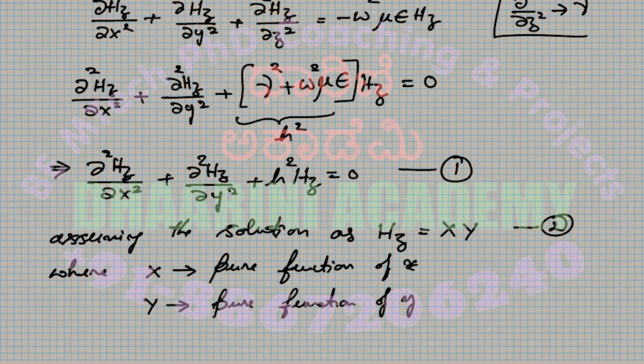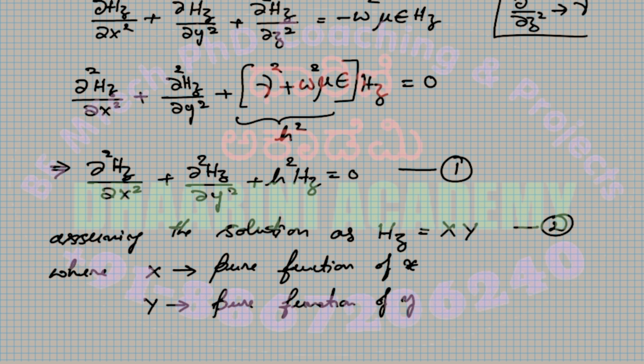We are going to apply a method of solution of a differential equation that is called separation of the variables. I should be able to generate a function Hz in such a way that the Hz can be written as a product, one term containing only x, another term containing only y. And we could do that in the previous case.